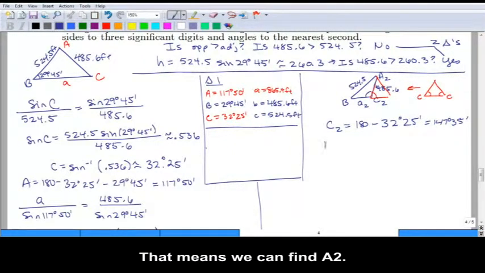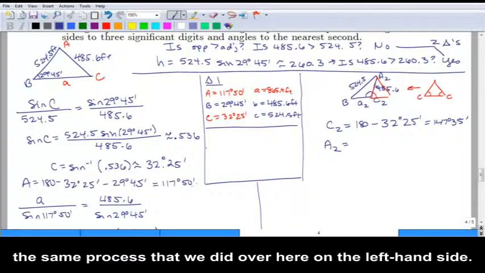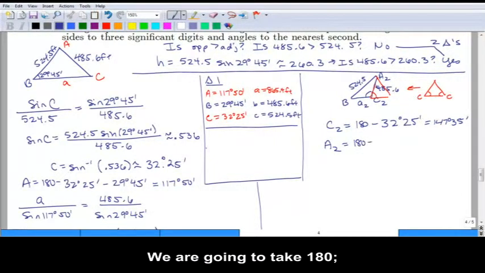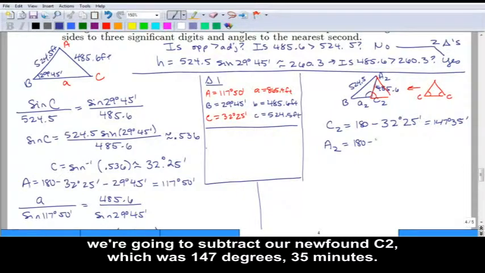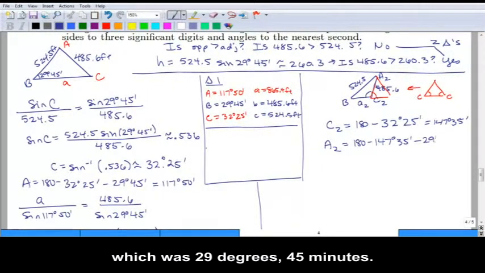That means we can find A2, and now we're just following the same process that we did over here on the left-hand side. We're going to take 180, we're going to subtract our newfound C2, which was 147 degrees, 35 minutes, and then we're going to subtract our given angle of B, which was 29 degrees, 45 minutes.